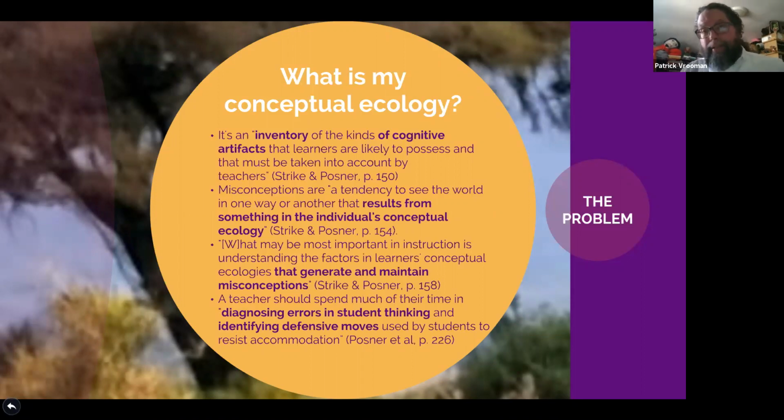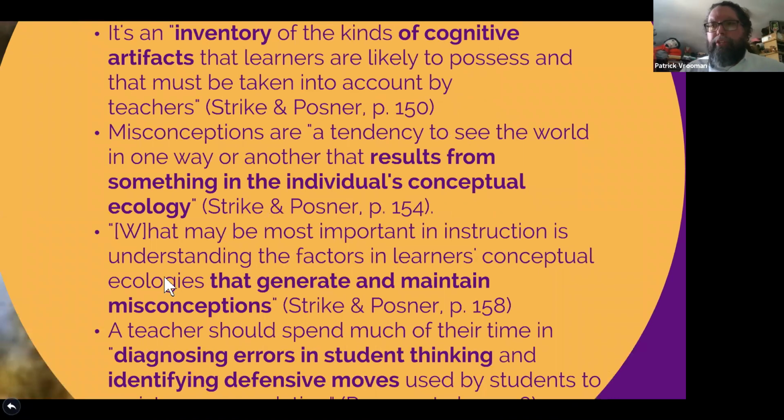And they said that what's probably most important for us when we're thinking about teaching and learning is to understand the factors in learners' conceptual ecologies that generate and maintain those misconceptions. So we need to pay attention to and look for those things in each individual.